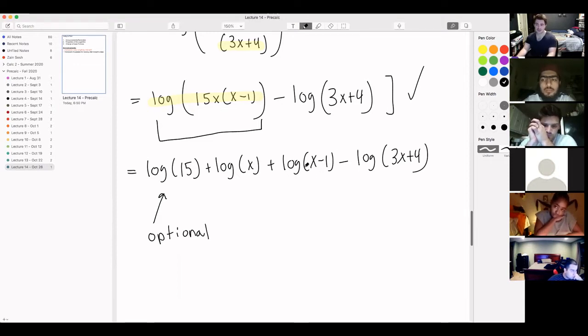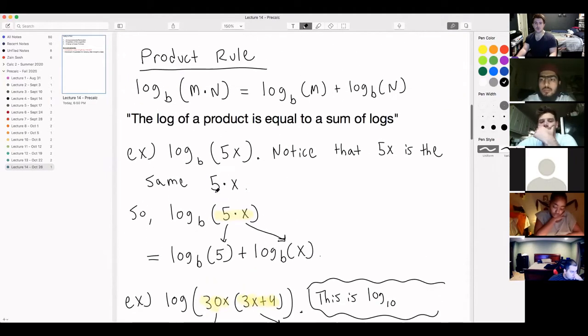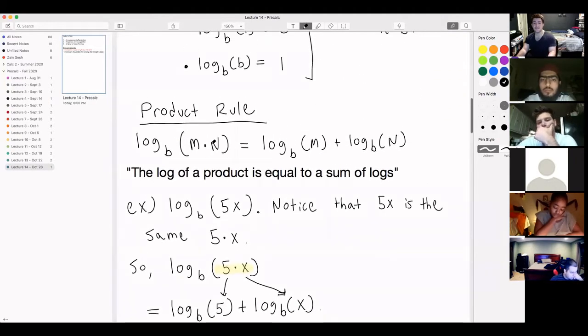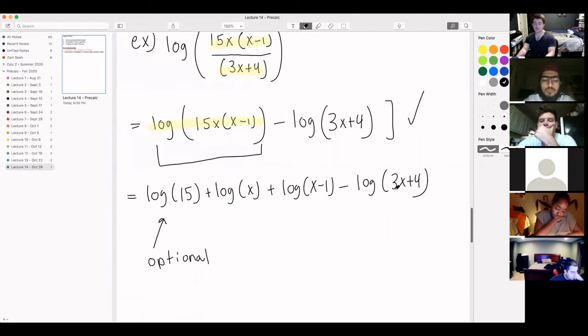There's not two things being multiplied here. X minus 1 is just a difference. If I scroll up to the property, it only works if there's two things being multiplied in the input, m times n. X minus 1 and 3x plus 4 are not of that form. They're not products.